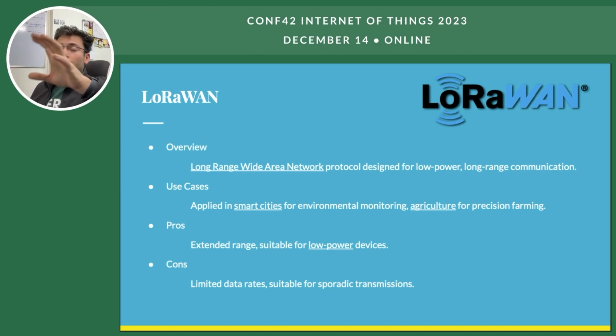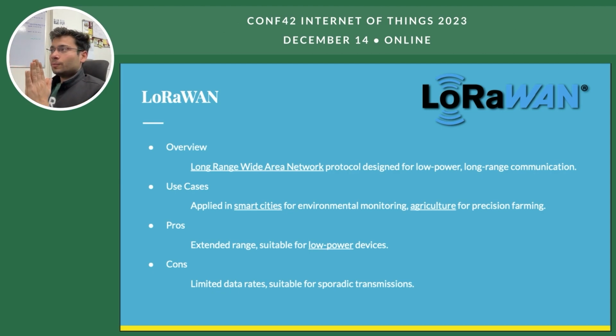In the LoRaWAN protocol, you can place a gateway inside your home. It's not very expensive. You can place it in your home, and in your city you will have your private network connection for say 5 kilometers.